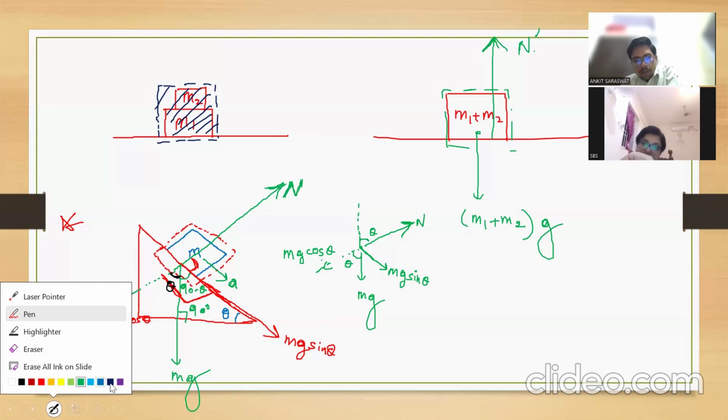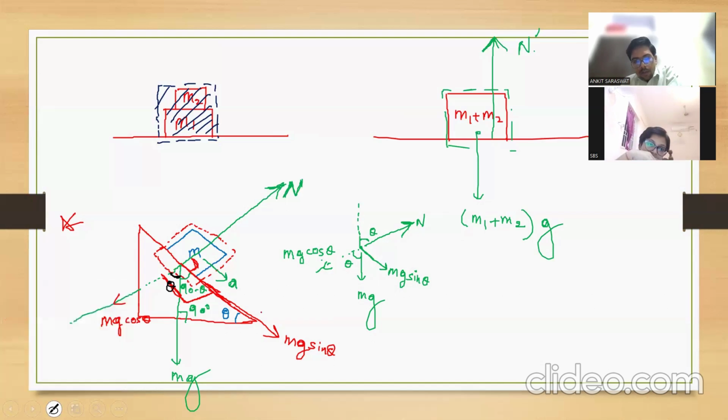To make your calculation easy, I'm telling these steps: always take your x axis in the direction of acceleration, and this is the y axis. Because you have to draw the x and y origin, that is what I suggest.